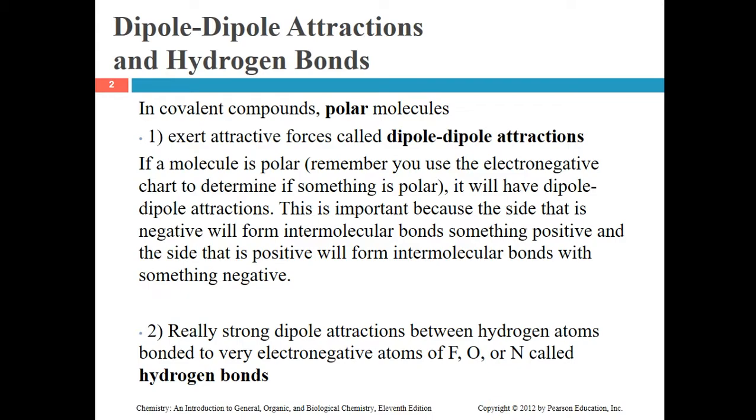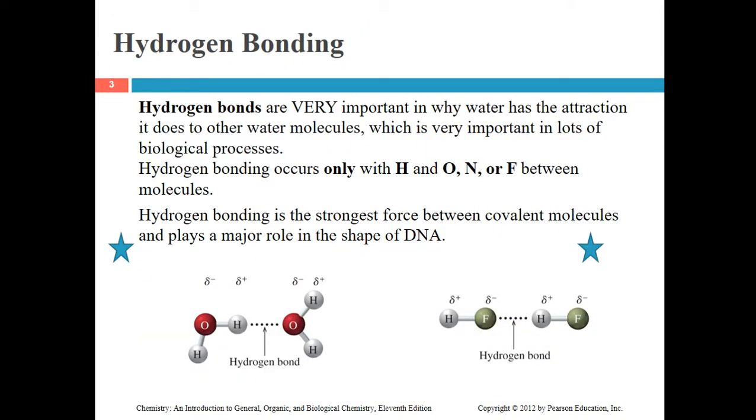Please do not think that hydrogen bonds mean when hydrogen is attached to anything. No. It refers to when there's this attraction between hydrogen and fluorine, or hydrogen and oxygen, or hydrogen and nitrogen. Hydrogen bonds are very important in why water has the attraction it does, as in that snowflake.